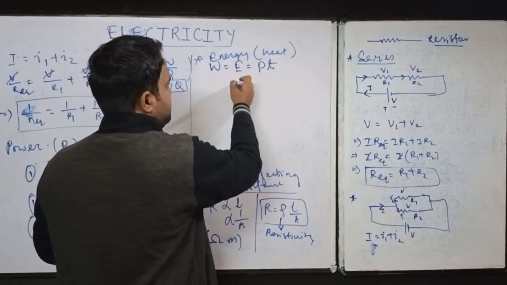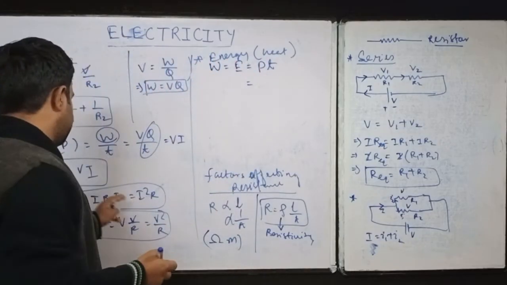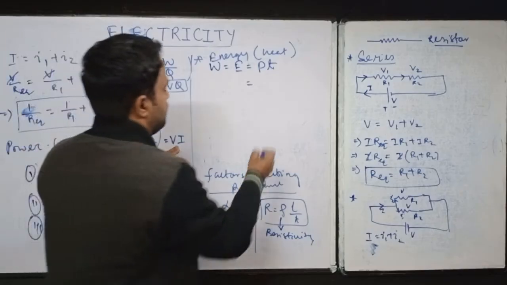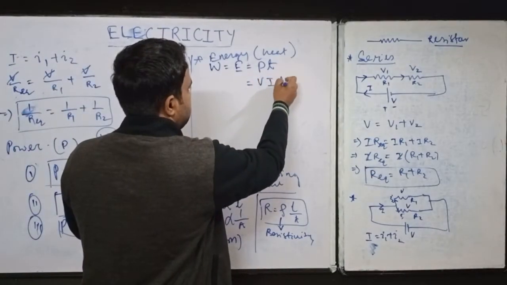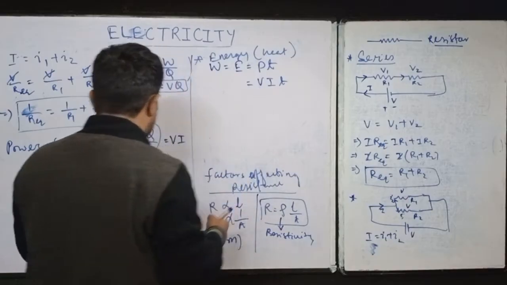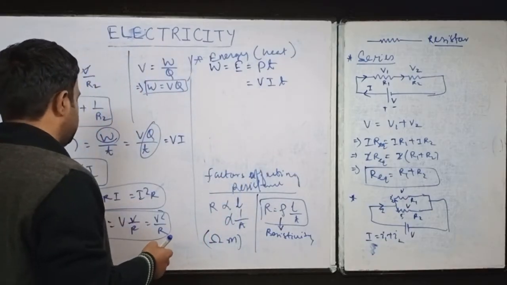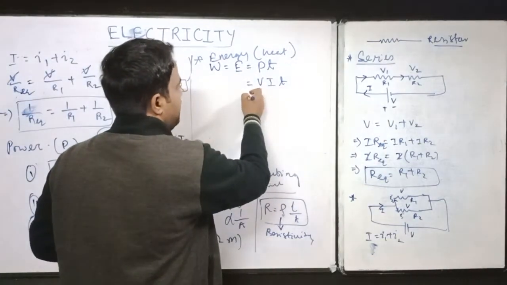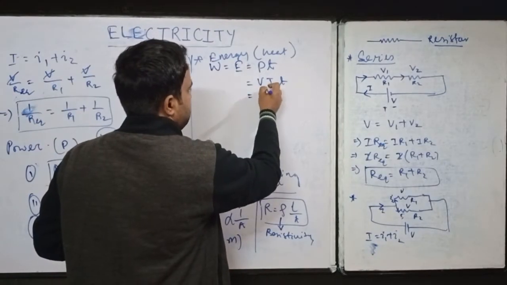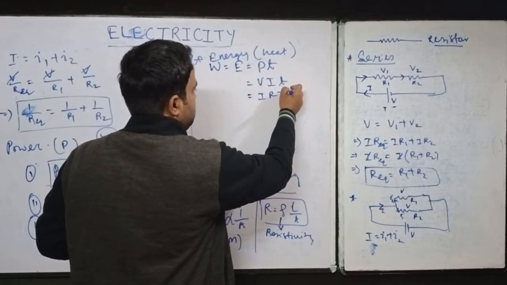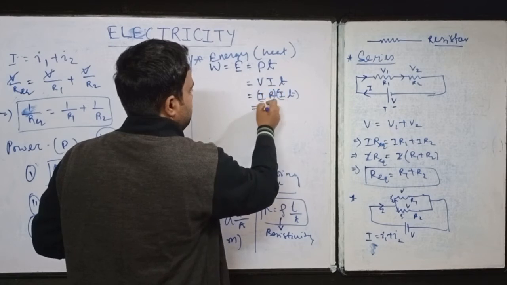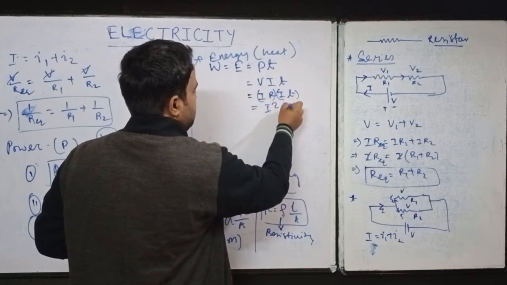So energy is PT, and P we just derived, P equals VI. So we'll write this as VIT, right? Or you can directly write P equals I square R also. So V equals IR basically. So in terms of resistance, if you want to write it, it will become I square RT.